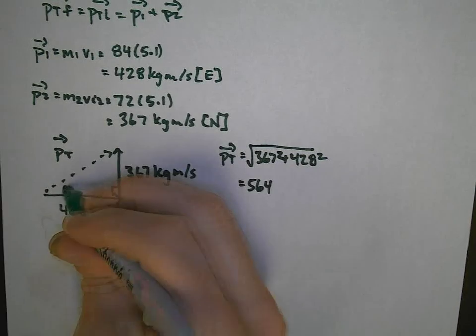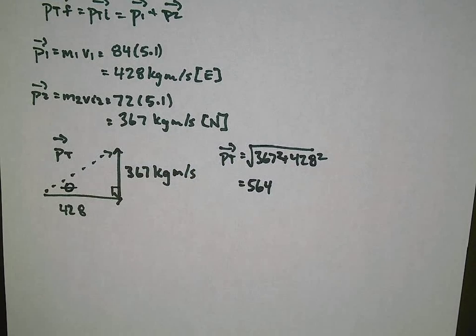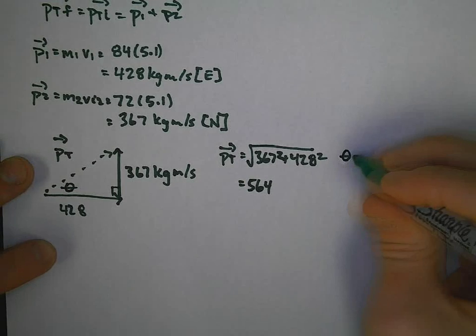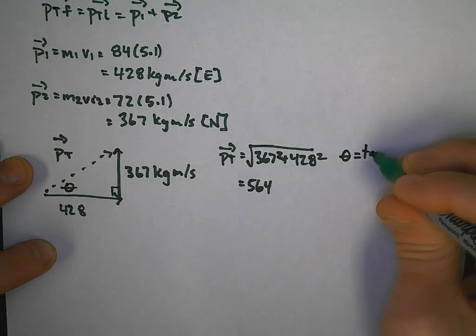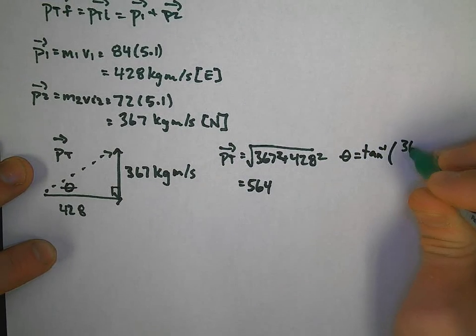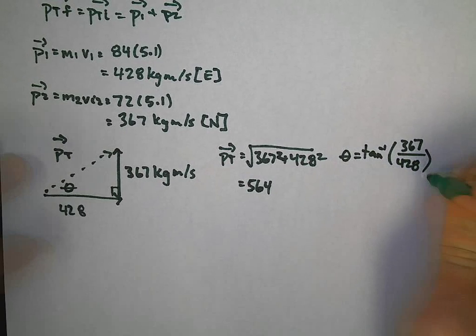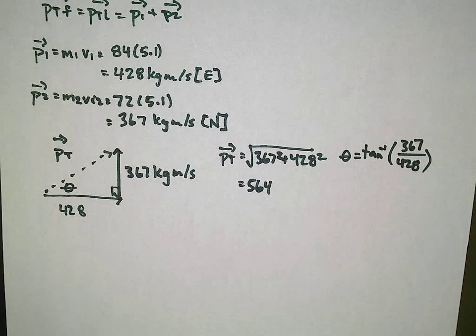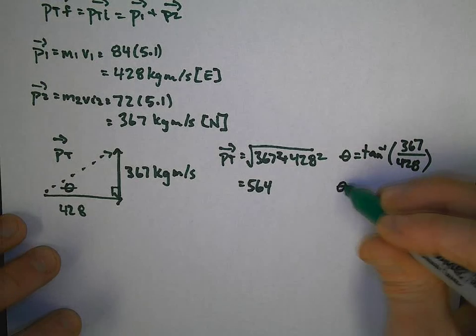We can determine what angle the skiers are traveling at together at the end too. Theta is tan inverse of 367 all over 428. We can determine what that value is.